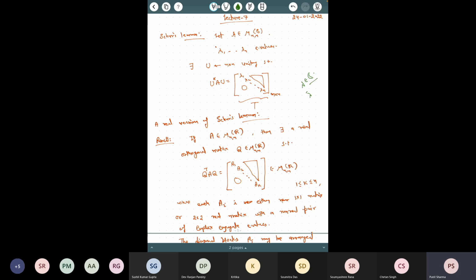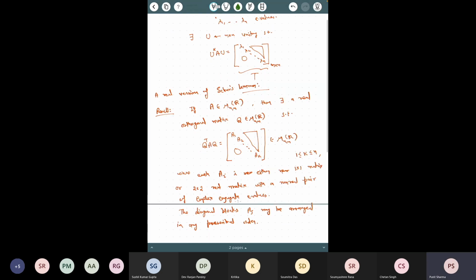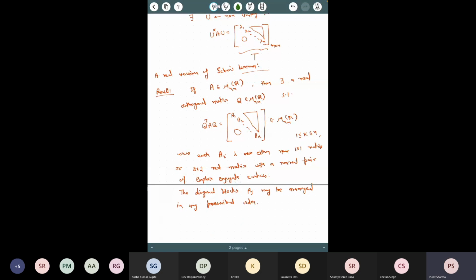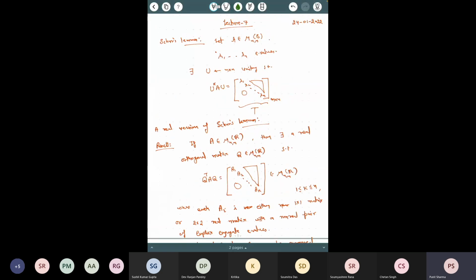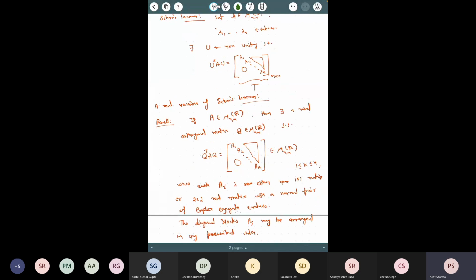So the complex eigenvalues appear in pairs, lambda, lambda bar. So instead of lambda 1 to lambda n, you can have these blocks A1 to Ak, where either the blocks are 1 by 1 when A has a real eigenvalue, or 2 by 2 blocks corresponding to complex conjugate eigenvalues. Similarly, you can arrange A1 to Ak in any order.